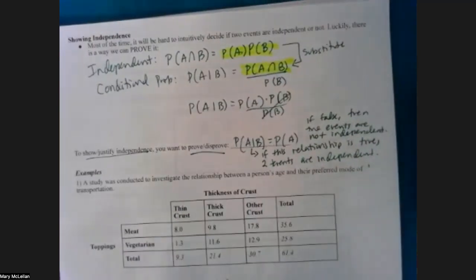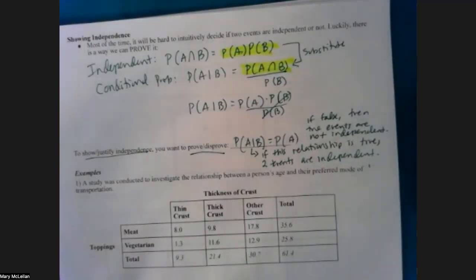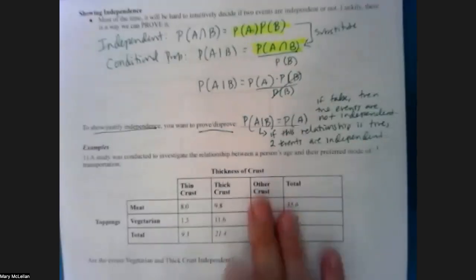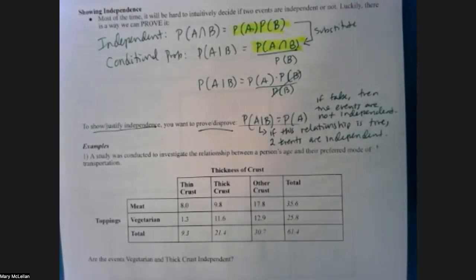Okay, let's look at this last little example area. Examples. A study was conducted to investigate the relationship between a person's age and their preferred mode of transportation. Well, clearly, this is not the table that I meant to put here.